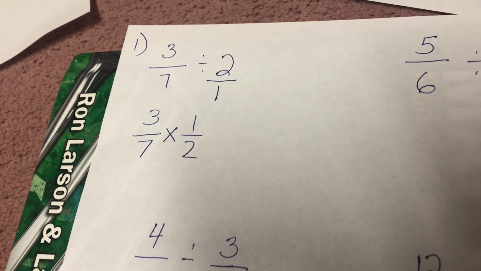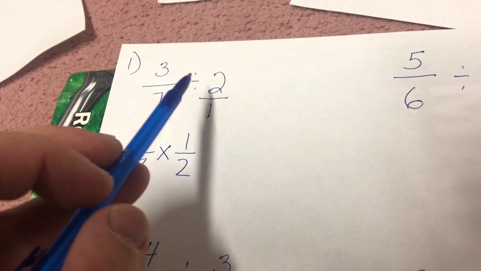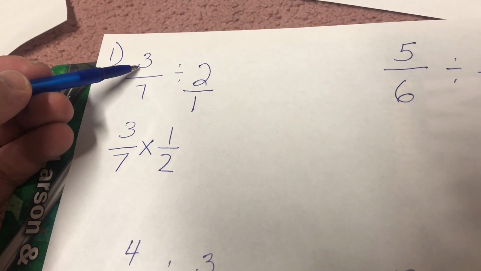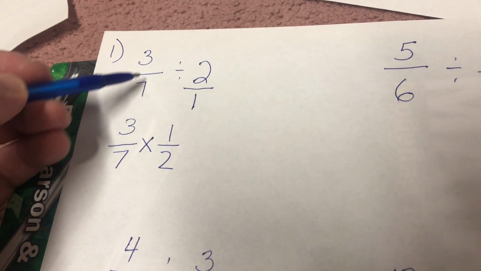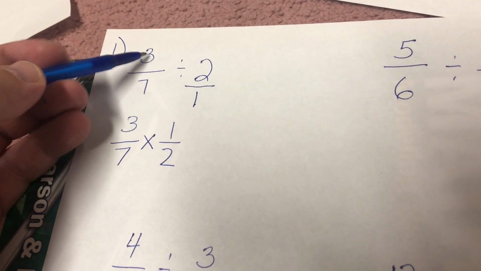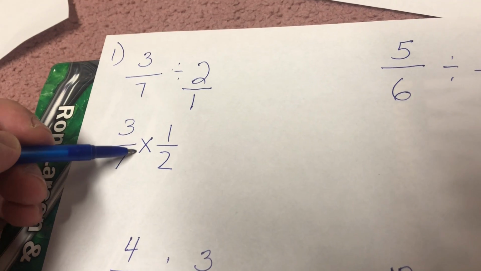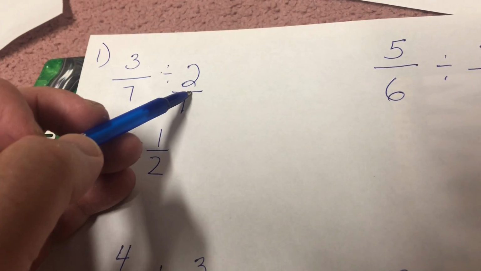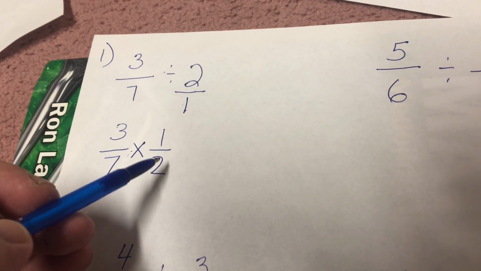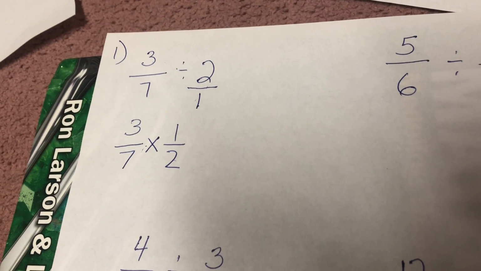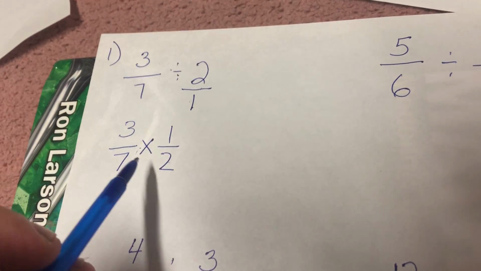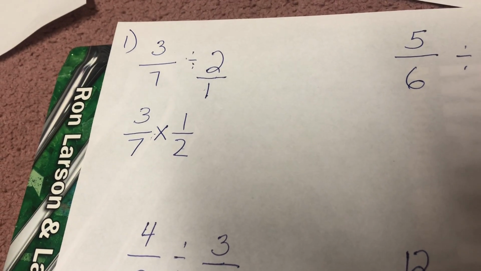That's making the reciprocal, making the division sign a multiplication sign. So notice what happened. The first fraction stayed the same. The division sign became a multiplication sign. The 2 over 1 got flipped to a 1 over 2. That's making the reciprocal of the number and turning the division sign into a multiplication sign.